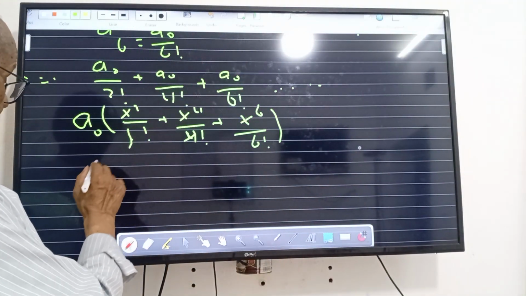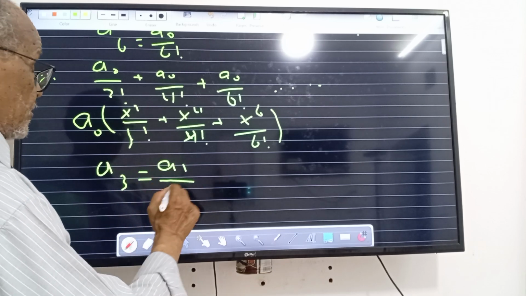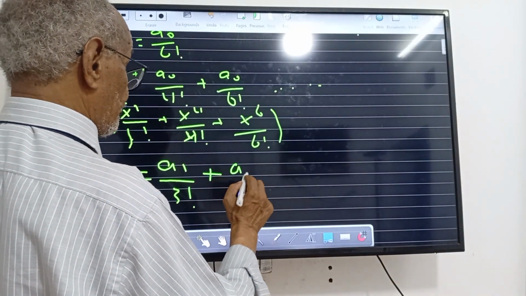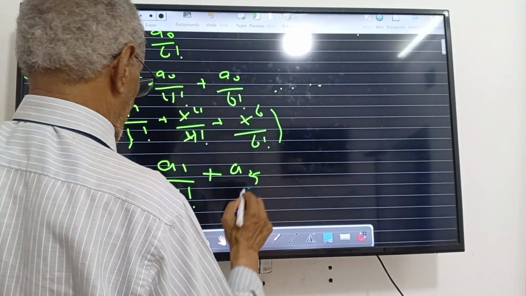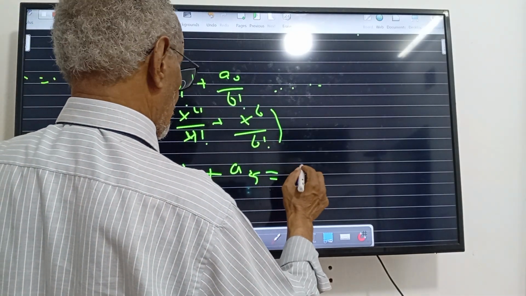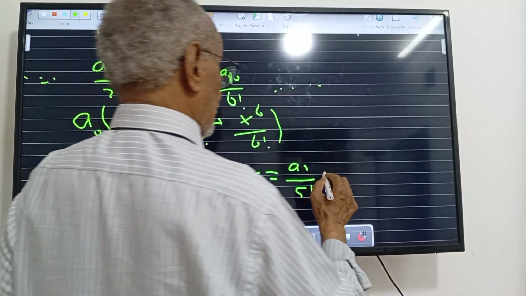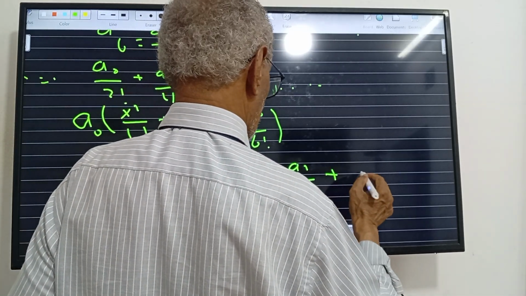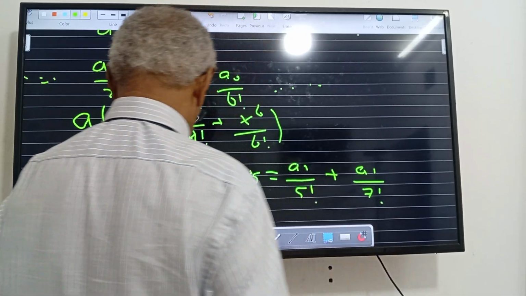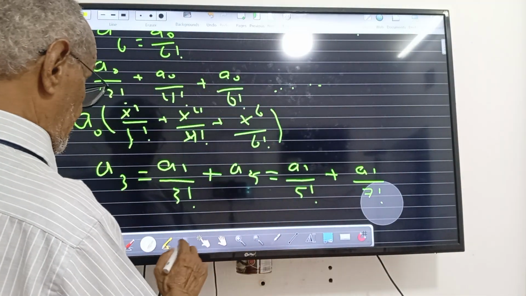A3 equals A1 over 3 factorial, A5 equals A1 over 5 factorial, and A7 equals A1 over 7 factorial. So the final solution of this differential equation is like that.